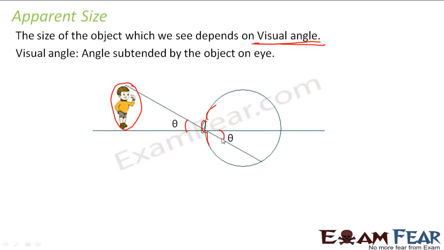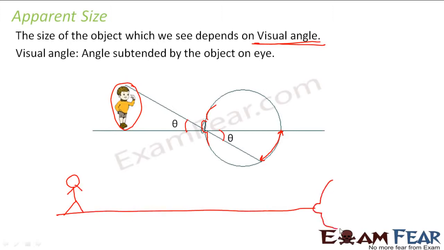So it says that the apparent size. Now what is the size of the object that is formed? In this case, this would be the size of the image, right? So it says that this apparent size depends upon this angle theta. How? Let us see that. Let us suppose that the same child, that is the same object, is now located at a far off distance. And this is the eye.